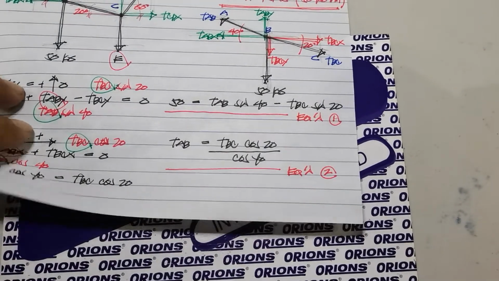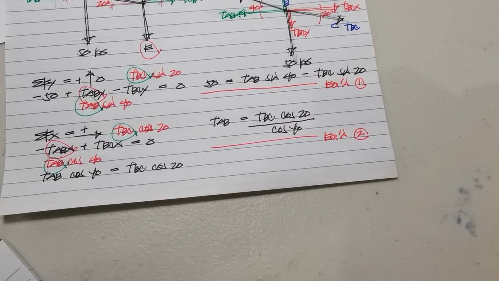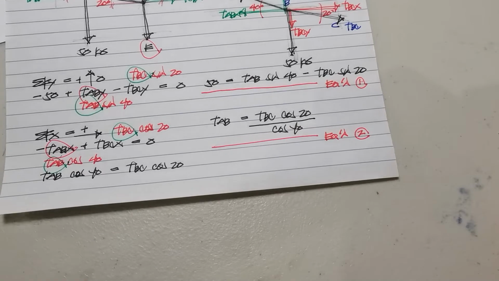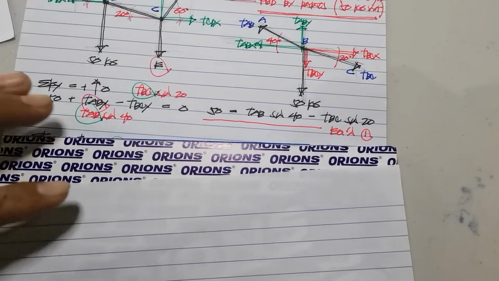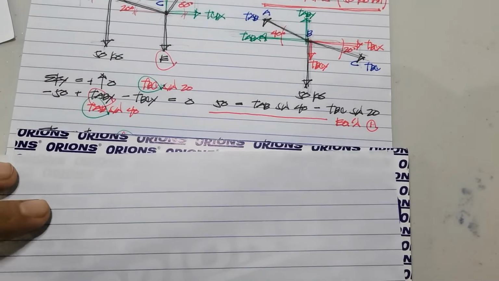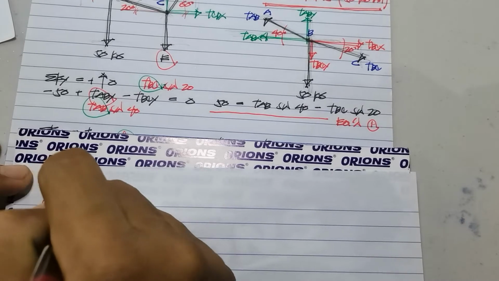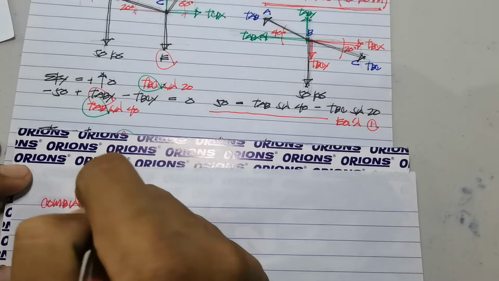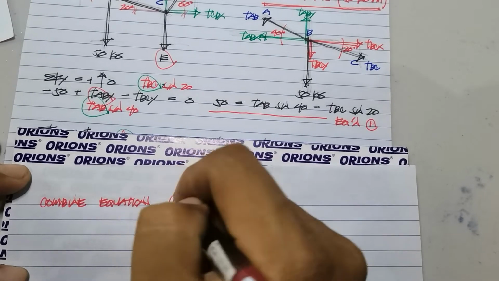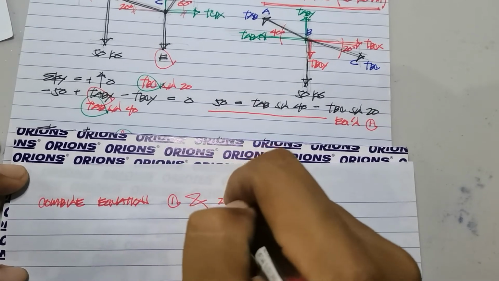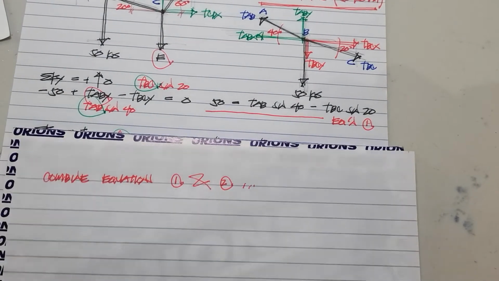So, simplify na natin yung na-generate nating equations. So, combine natin sila simultaneously, para maka-obtain tayo ng single unknown. So, lagay lang natin: combine equations 1 and then that of 2 simultaneously para maka-obtain tayo ng value.